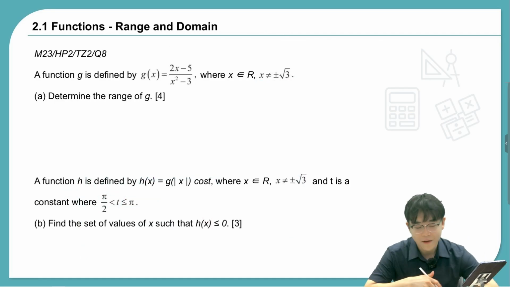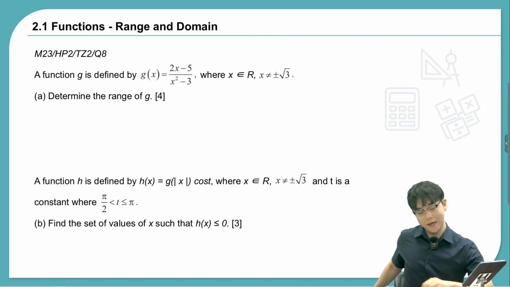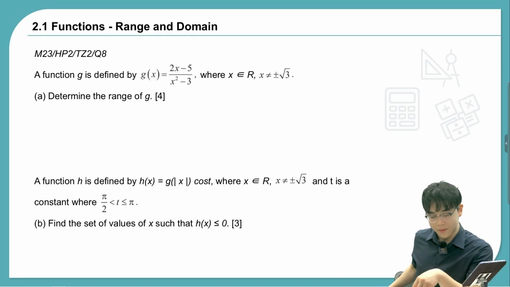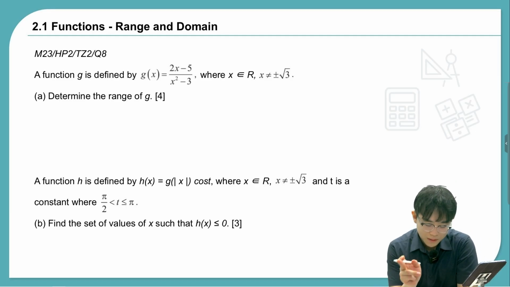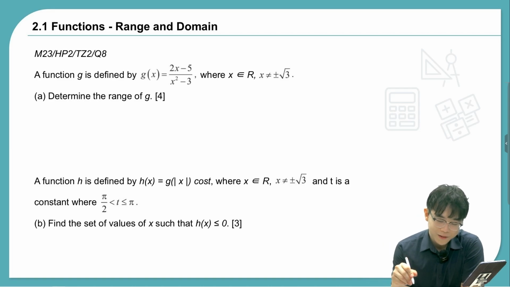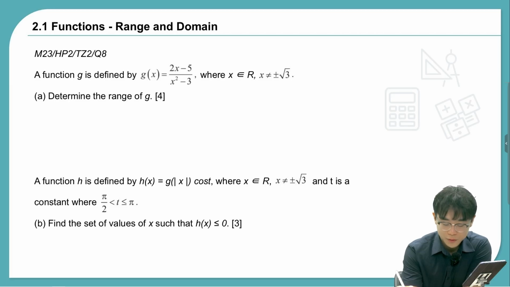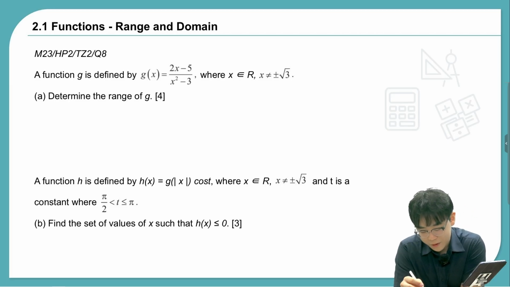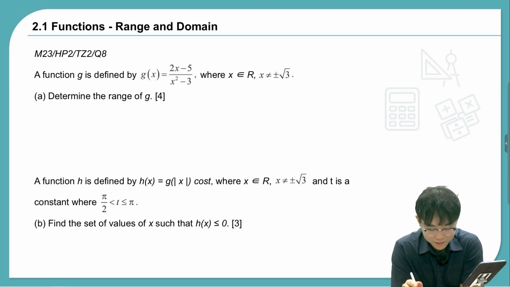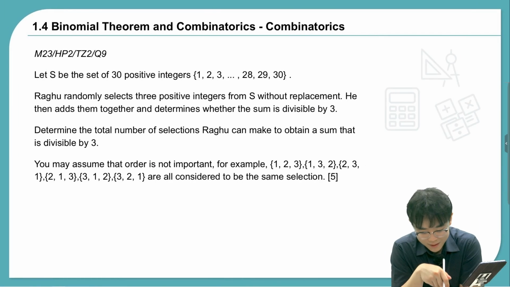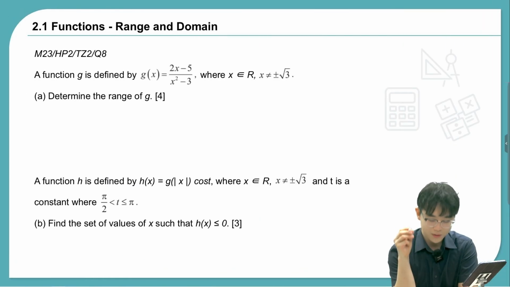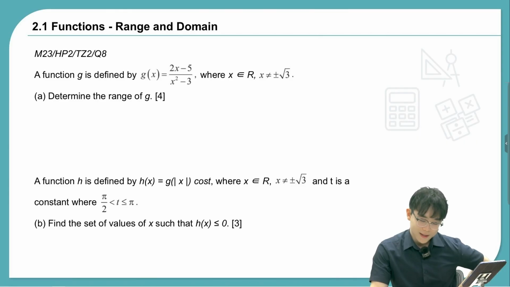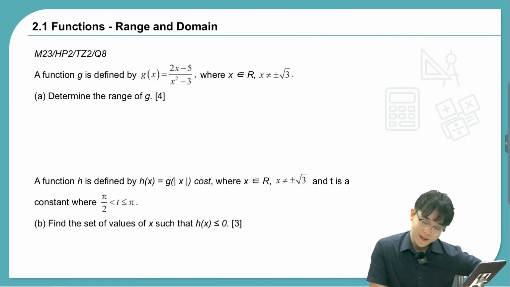All right, so now we have number 8. It's a typical range and domain of functions problem. So it doesn't look that hard on the surface because what worries us is usually if there's vectors or calculus, but on the surface it seems like a pretty straightforward question. But this is actually where a lot of students might lose a point here and there, because the function itself is pretty complicated.